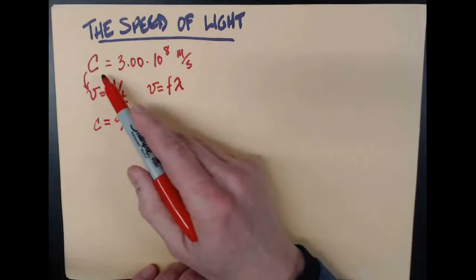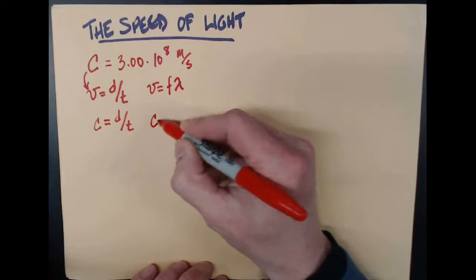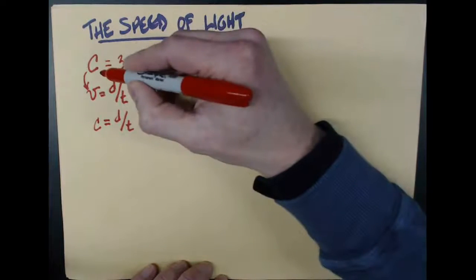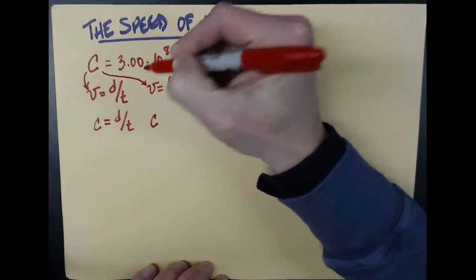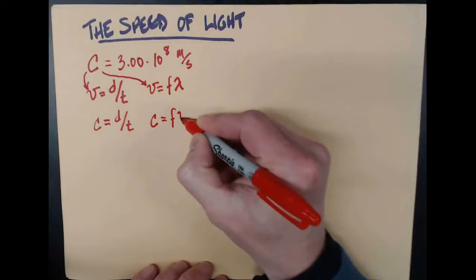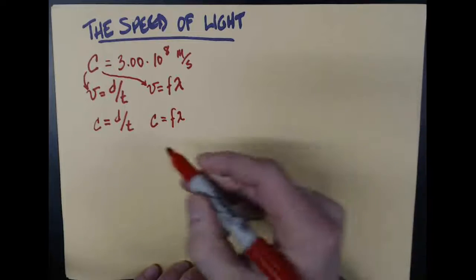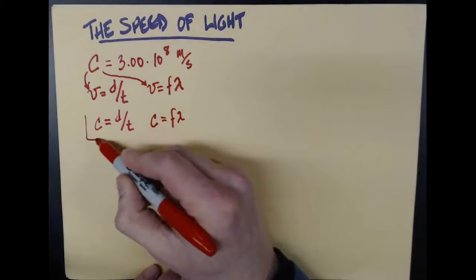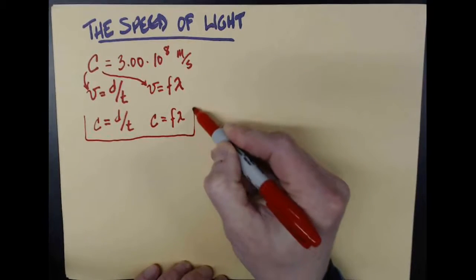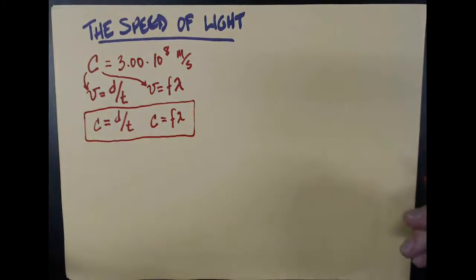Now, since light is a wave, we can go ahead and plug in c for the v right there, like so, and find out that c equals f times lambda right there, and that works as well. So now we have our two formulas to be able to manipulate some very basic wave speed and light speed problems. So we're going to go ahead and take a look at one of them right now.